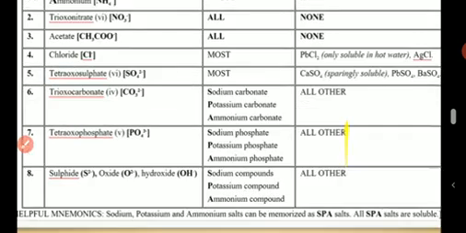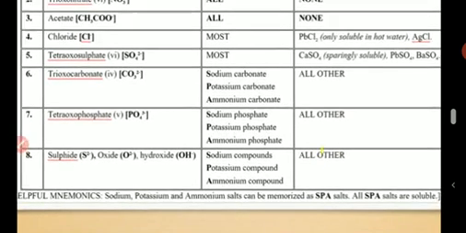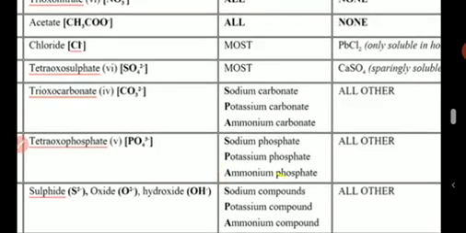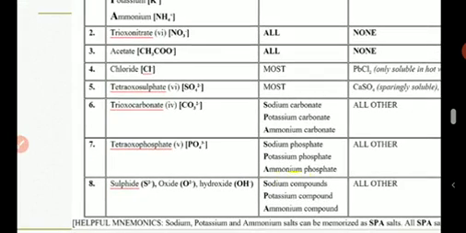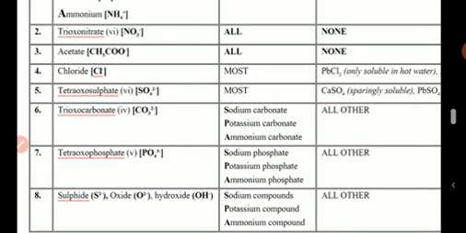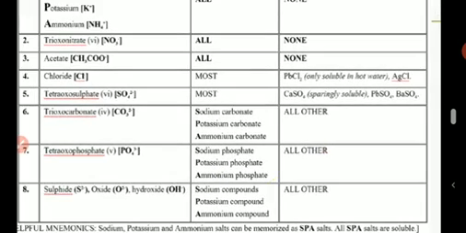Now let's move to some other salts that not all of them are soluble, but most of them are soluble. Number 4, chloride salts. Most chloride salts are soluble. Don't let me say all because there are exceptions.